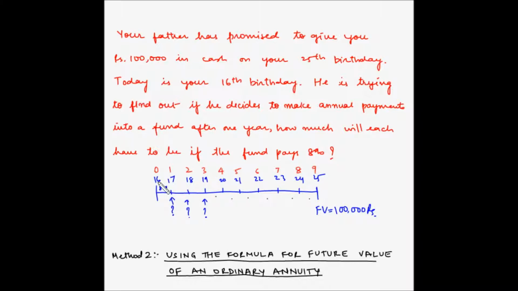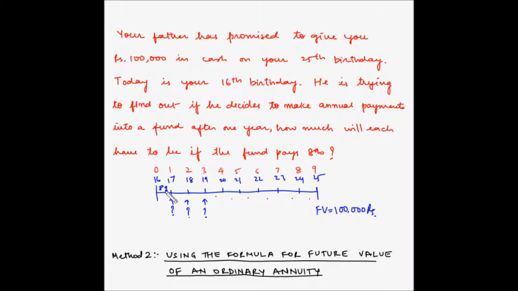So if we consider the 16th birthday as year 0, the 17th birthday as the completion of 1 year, the 18th birthday as completion of the second year, and so on. And since the payment is being done on the 17th birthday, which is the end of the first year, similarly the second payment will be done at the end of the second year, and so on. So this typically becomes a case of ordinary annuity.